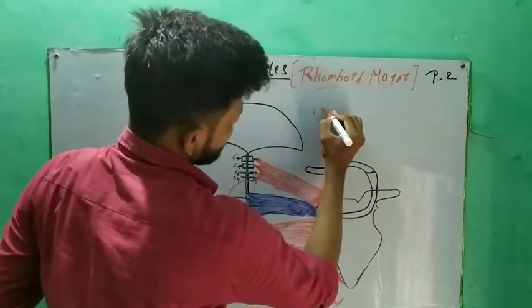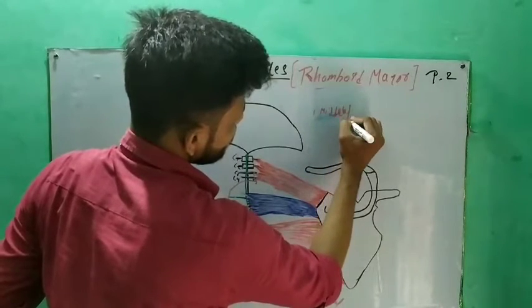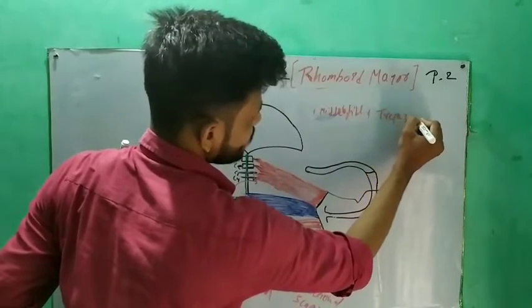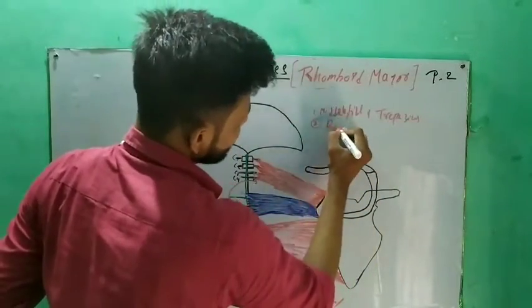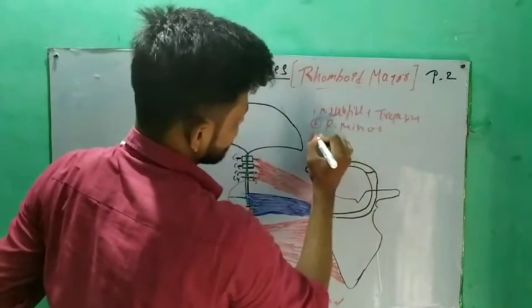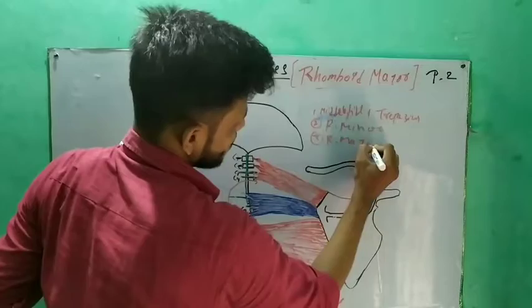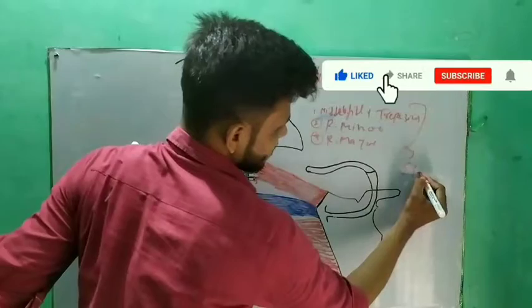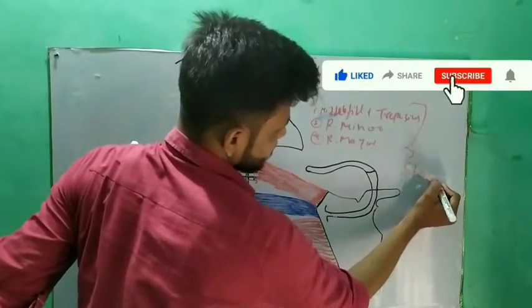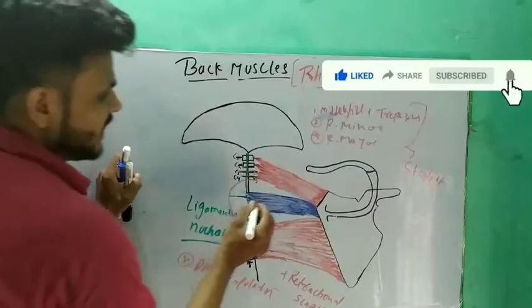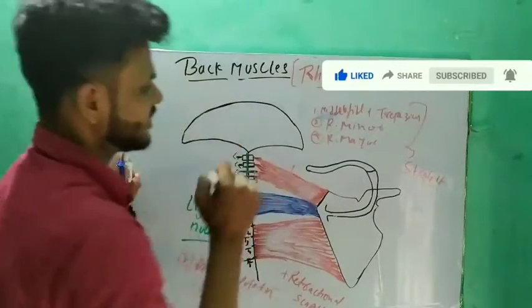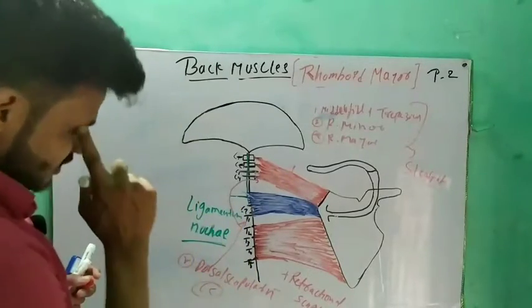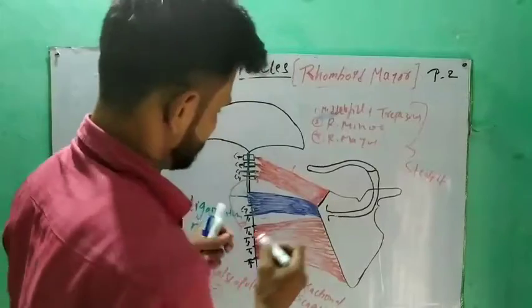First is middle fibers of trapezius, second rhomboid minor, and third is rhomboid major, and these all also stabilize the scapula, steady the scapula, and also steadied by the levator scapulae. So these are all the nerve supply and action of the rhomboid major, minor and levator scapulae.